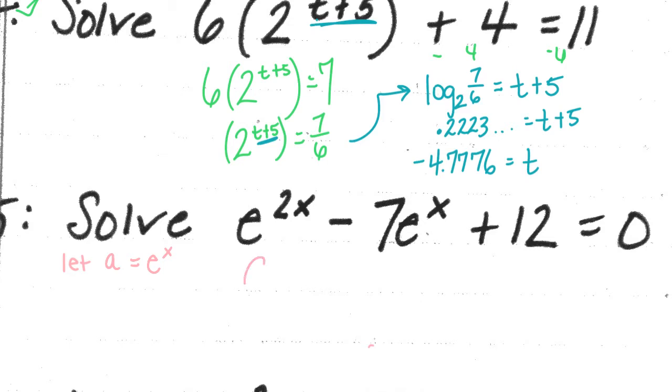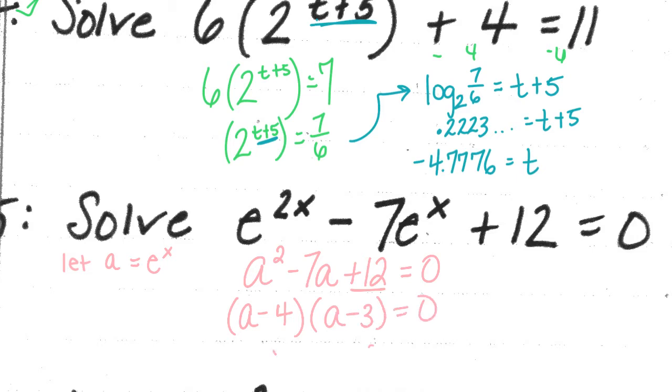So notice this would be a squared minus 7a plus 12. Well, I know the factors of 12 that add up to be negative 7 would be a minus 4 and a minus 3. So I know a would equal 4 here, and a would also equal 3 when I solve.